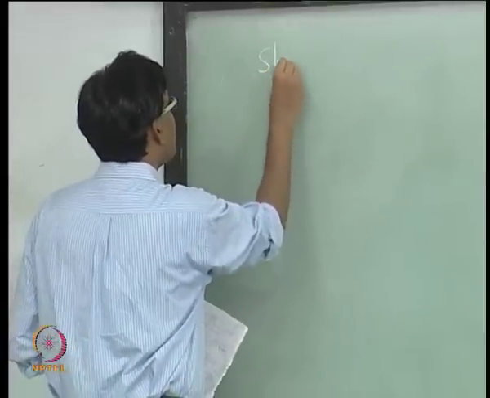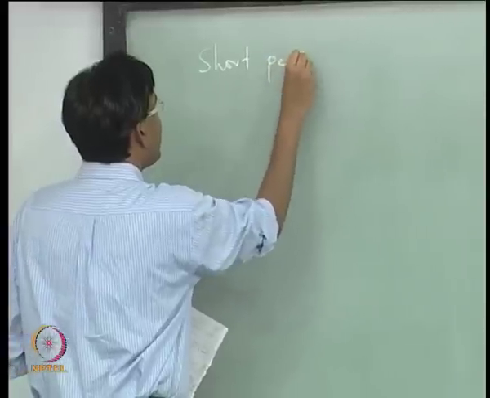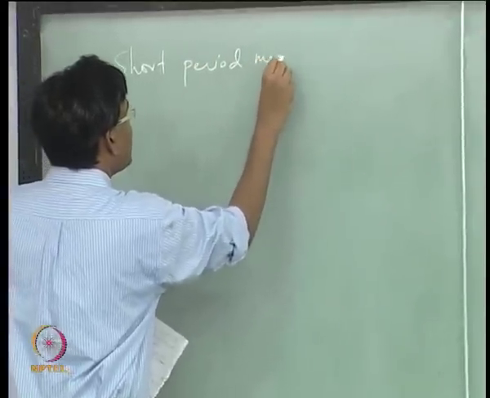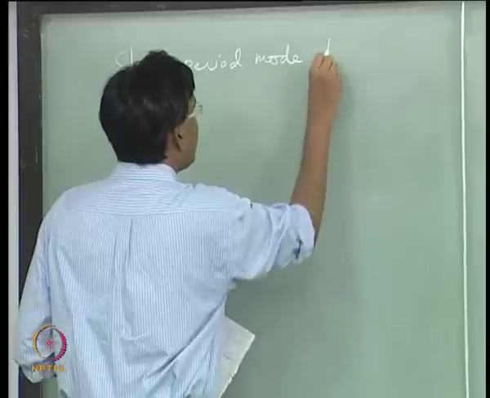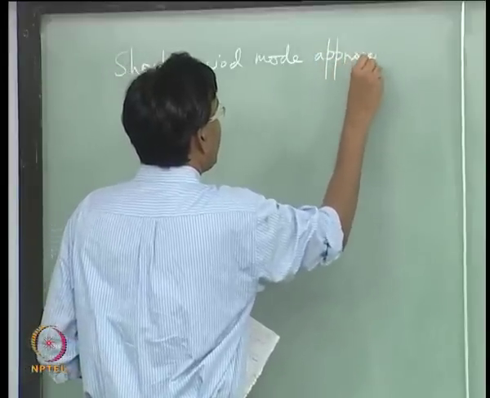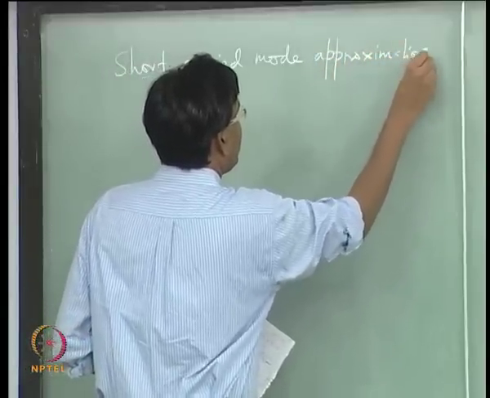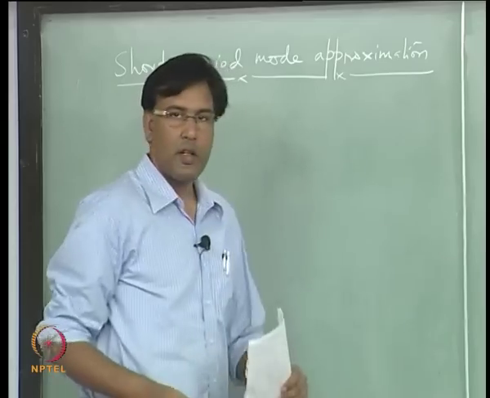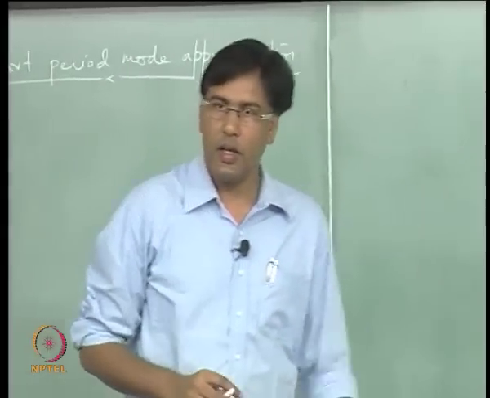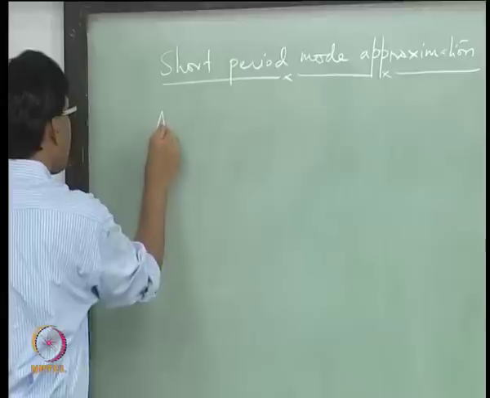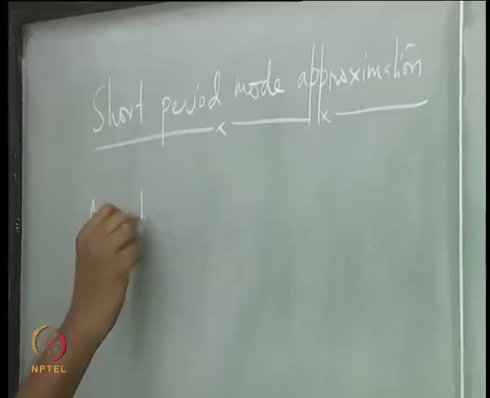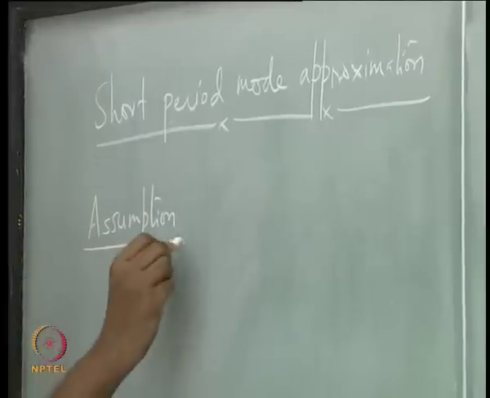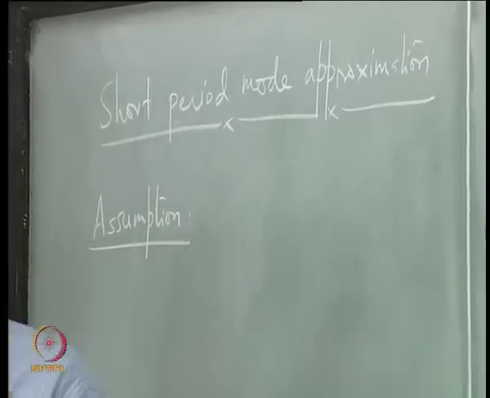So here, in the short period mode approximation, the assumption is that... remember we are trying to come down to simpler models so that we can work something out analytically.